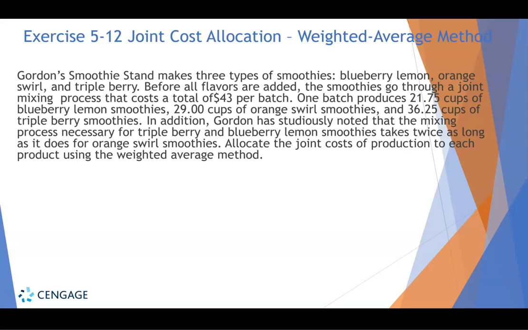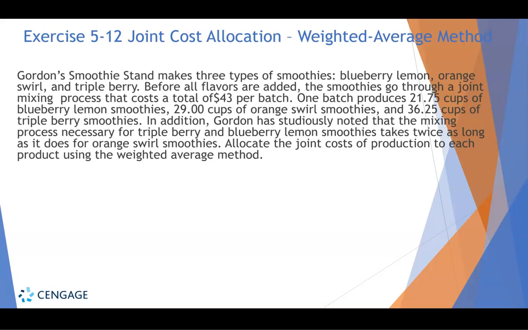Here's another weighted average method. Gordon's smoothie stand makes 3 types of smoothies: blueberry lemon, orange swirl, and triple berry. Before all flavors are added, the smoothies go through a joint mixing process that costs a total of $43 per batch.